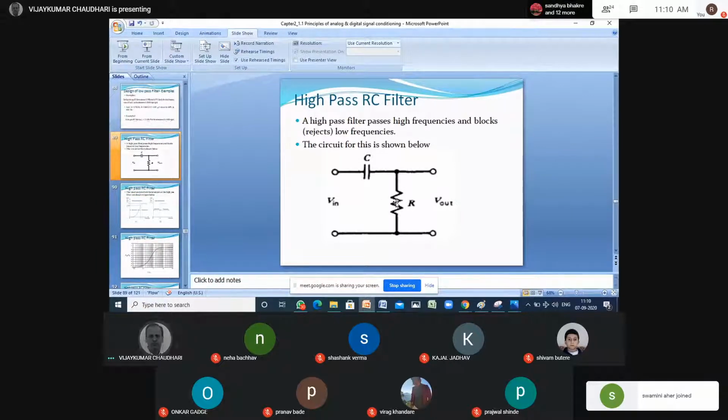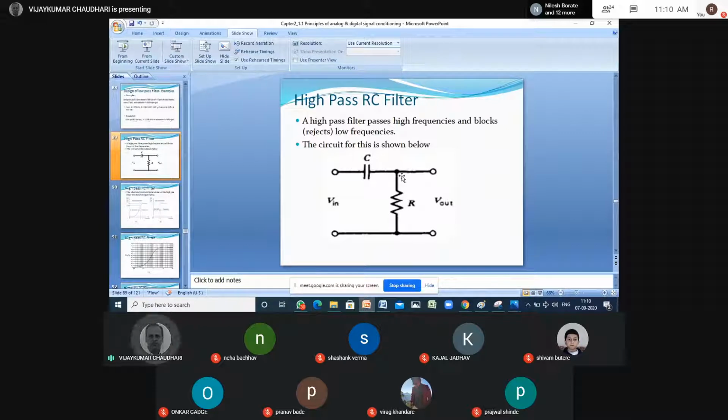R here and C here will pass the low frequencies and block high, whereas C here and R here will pass the high frequencies and block the low frequencies. How is it possible? Due to the same reason, Xc is inversely proportional to f.